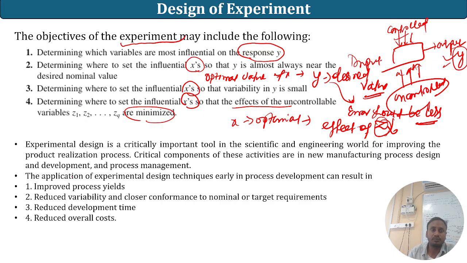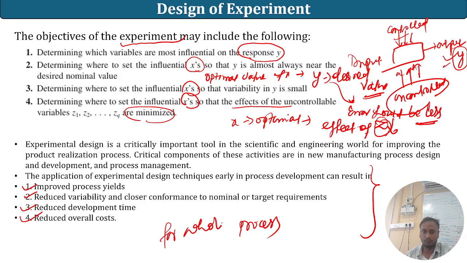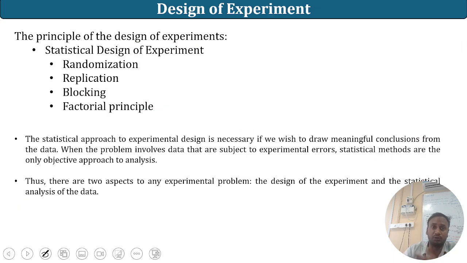It is about improving the process yield, reducing the variability, reducing the development time, and reducing the overall cost of the whole process. So that is the purpose and the objective that we have to see.